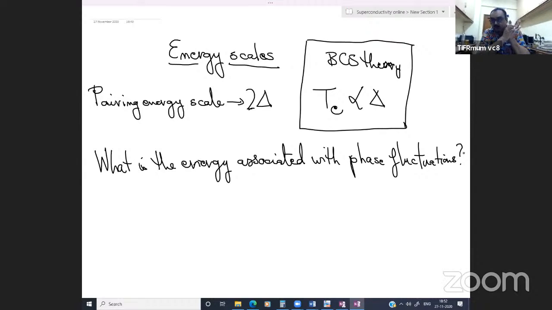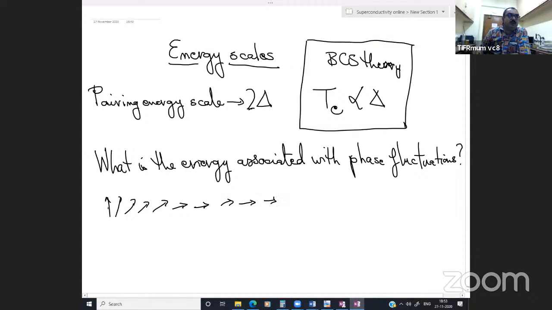So here what we are on the other hand considering is that if I have the phase which is slowly twisted, I am not making one complete phase slip, I am not flipping the phase by 2 pi, but spatially the phase was pointing in this direction, then it is pointing in this direction.